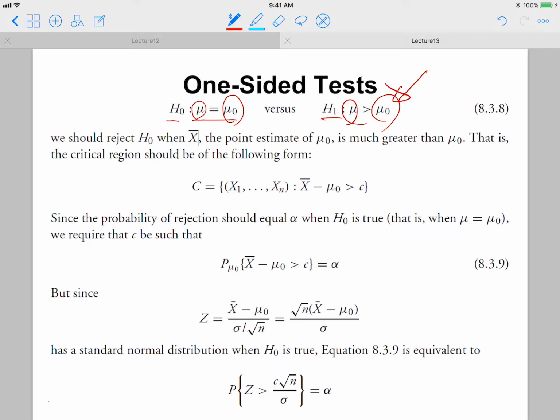Okay, so in this case, what if mu was mu0? It is not contained in either of these two hypotheses, right? So in this situation, we assume that this case is included in H0, the null hypothesis.